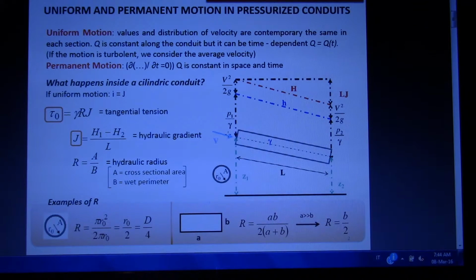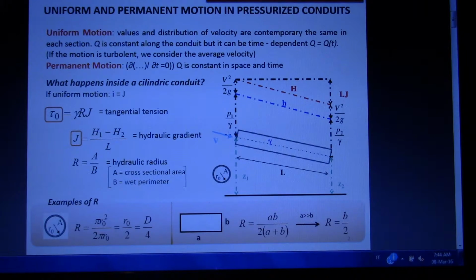So, what happens inside a cylindric conduit? Consider, for example, that we are in front of a uniform motion. Basically, it means that your hydraulic gradient J is equal to your piezometric gradient.